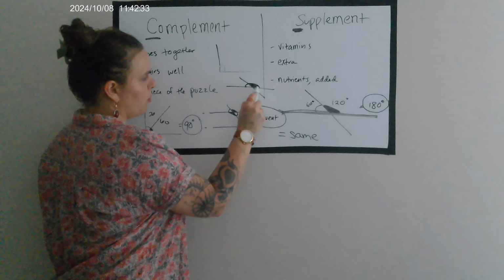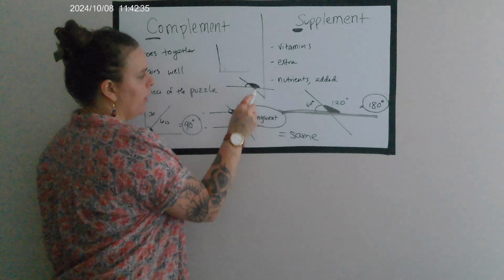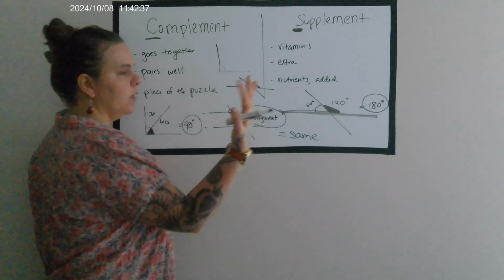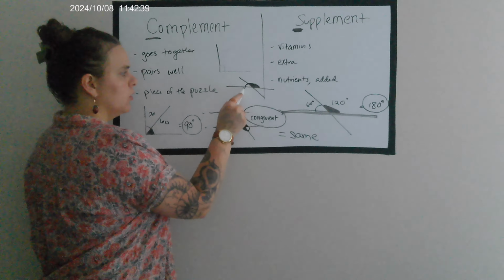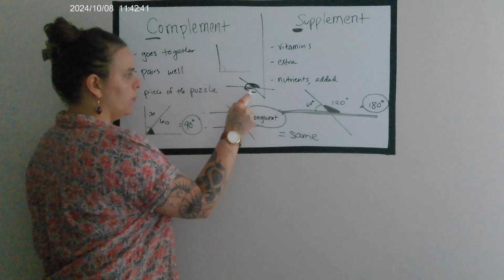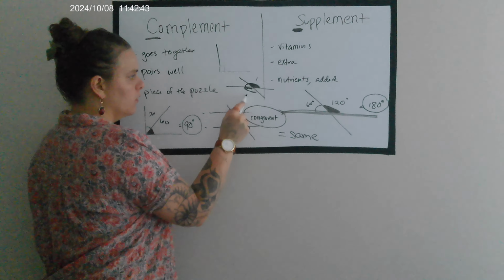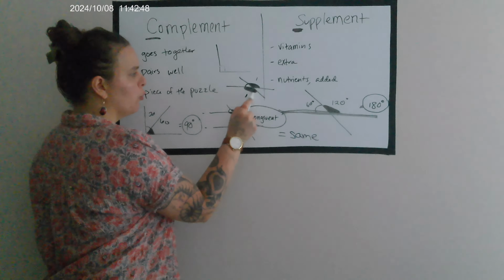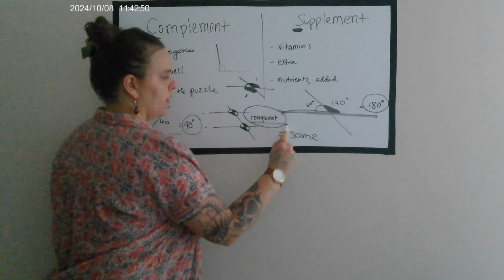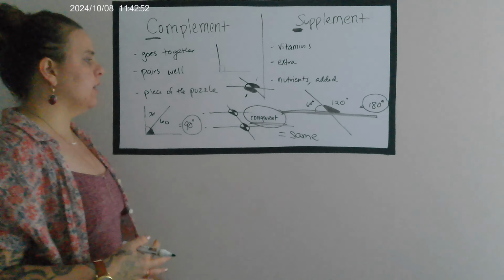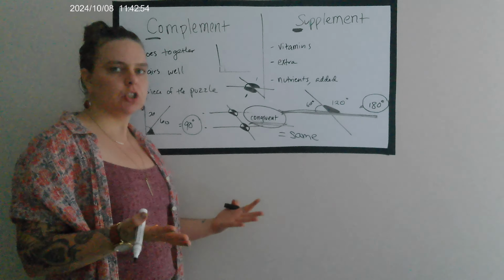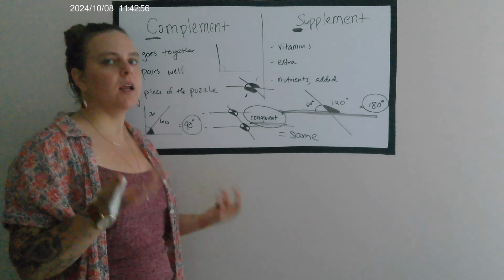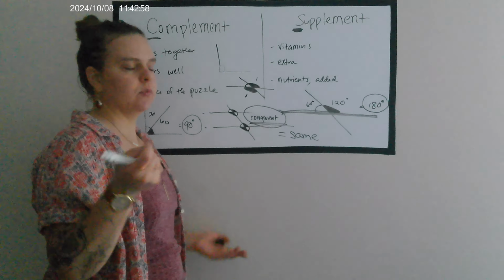These two angles are supplements. But the reflecting angle here, which is the same as this one, those two angles are congruent, meaning they're a copy of each other. They're the same type of angle, okay?